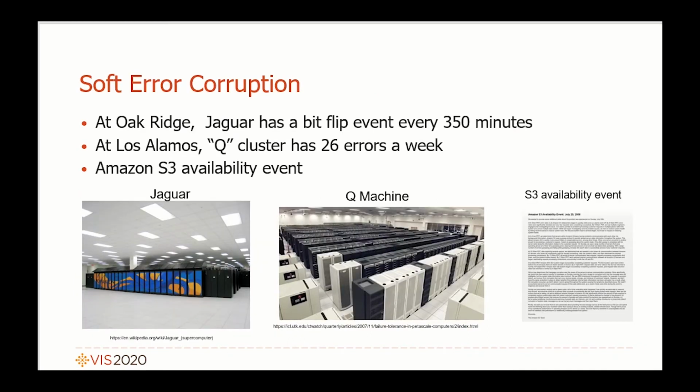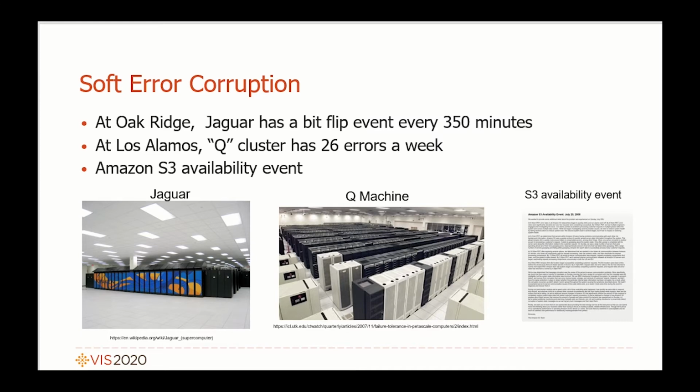Researchers have reported many soft error corruption events. For example, in Oak Ridge National Laboratory, the supercomputer Jaguar has a single bit flip event every 6 hours, and the Q machine in Los Alamos has reported about 26 errors per week. Soft errors also threaten the reliability of commercial applications.